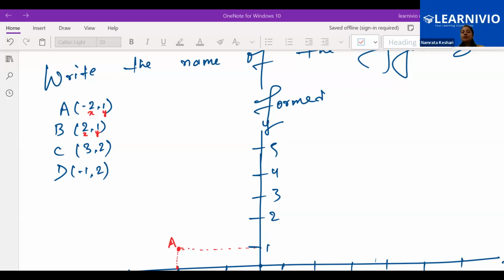Yes, what are you getting? Another one is 3 comma 2. Another one is -1 comma 2. Let me locate it quickly and tell me, are you getting this only?